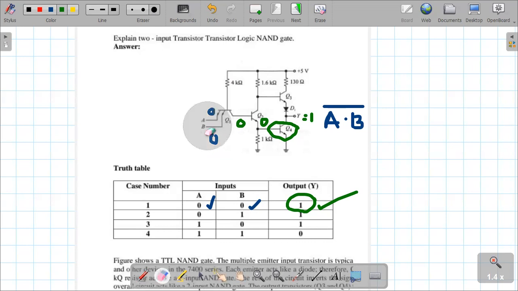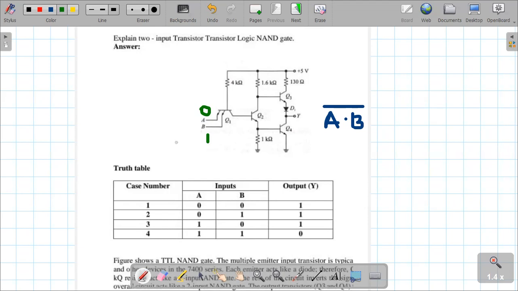Next point is the second point. The second point is value of A equal to 0 and value of B equal to 1. Then write A equal to 0, B equal to 1. When A equal to 0, this junction will be in forward bias.